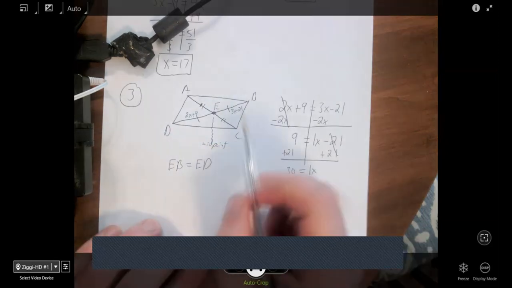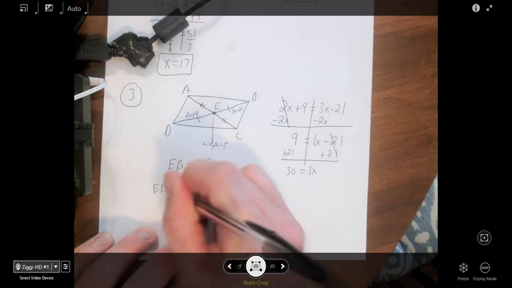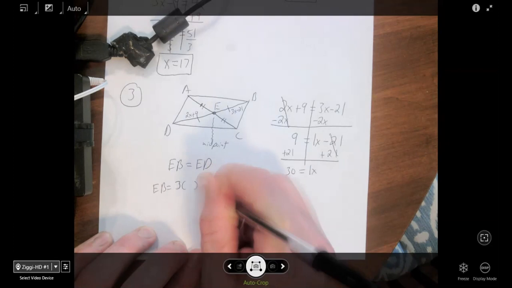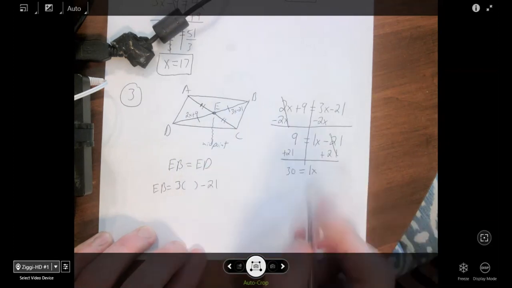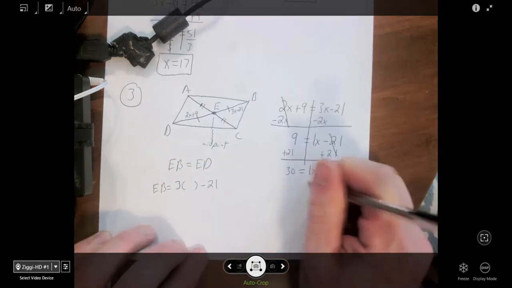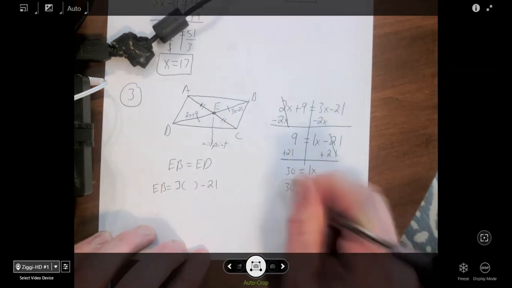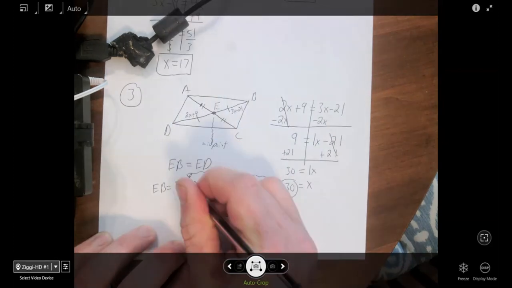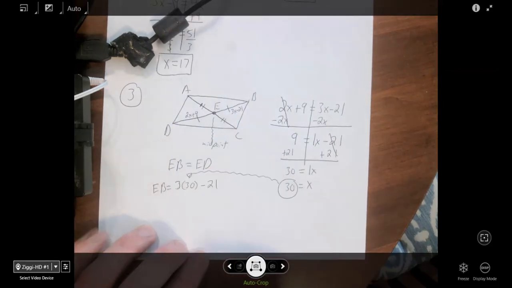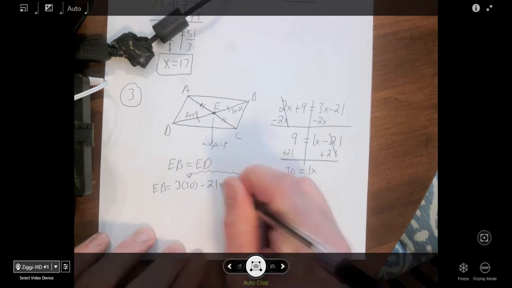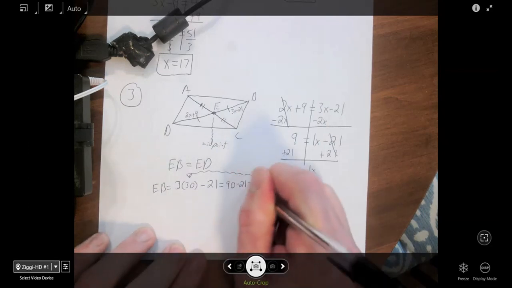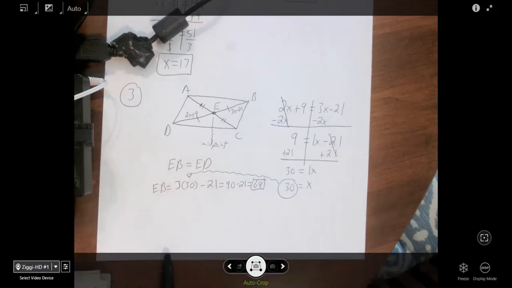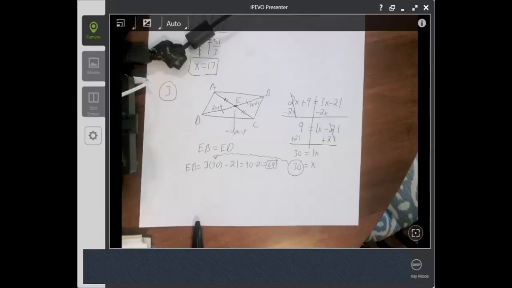Well, if they want to know the length of segment EB in terms of x, that's 3 times x minus 21. We solved over here and got that x is 30, because dividing by 1 isn't going to change anything, so we can just substitute right here. 3 times 30 minus 21, that's 90 minus 21, and that's how we get 69. That's how we end up with that answer of 69 units.